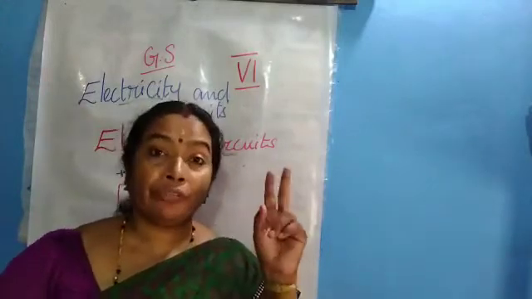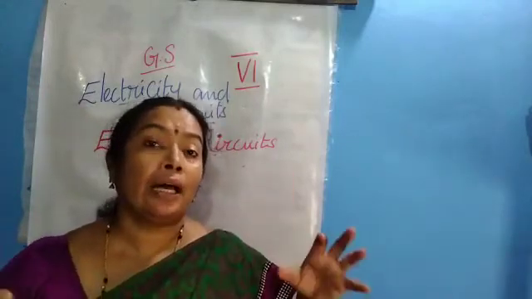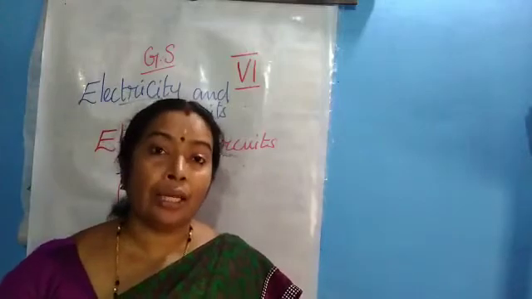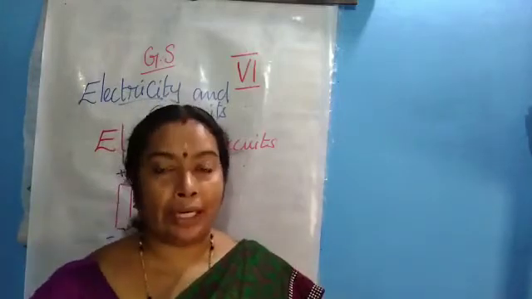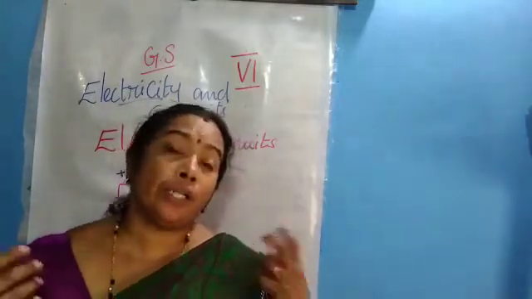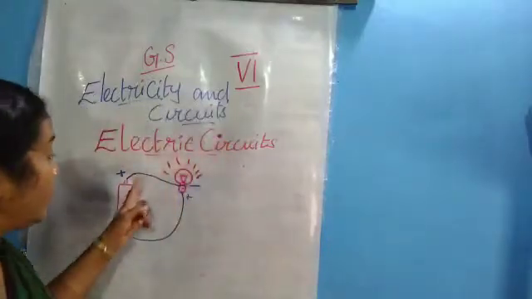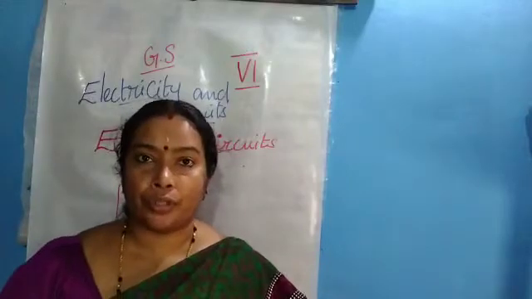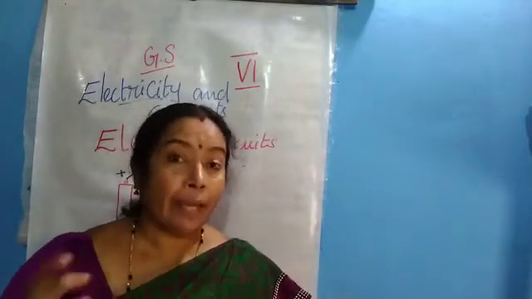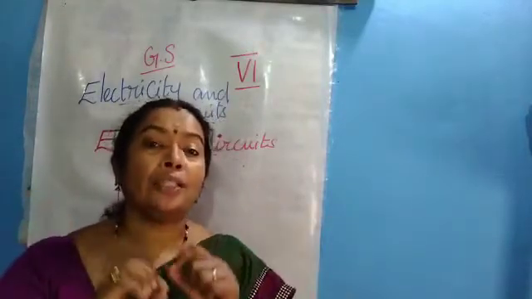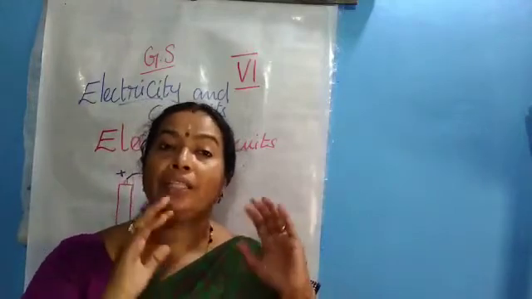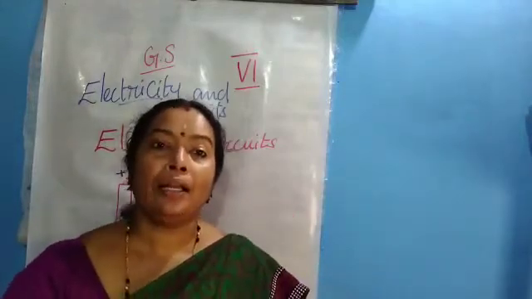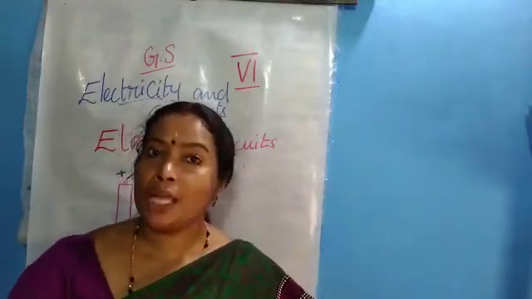But in the 2 figures where the bulb is glowing, the connection is proper. Here I used only 2 wires, while in those figures 4 wires are used, but each and every wire is connected properly to the proper terminal, so the bulb glows.